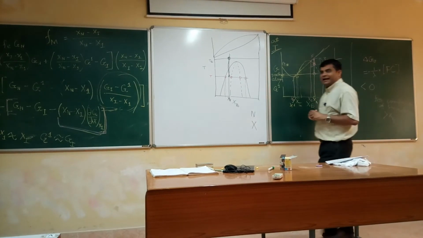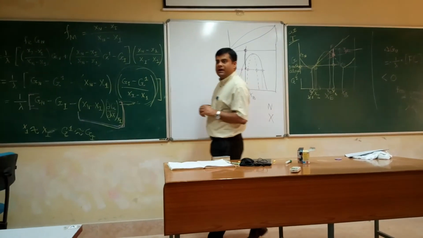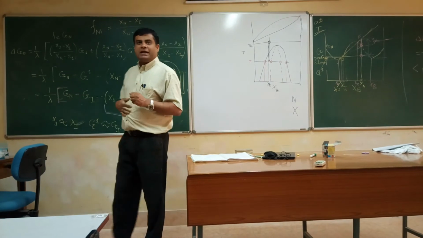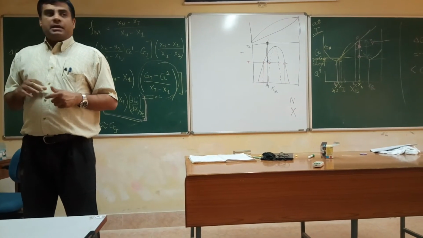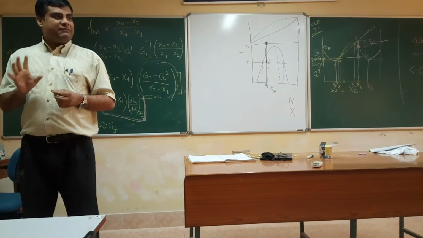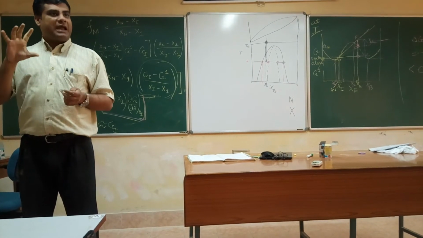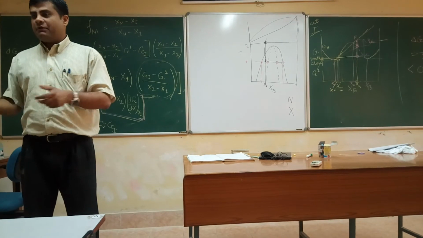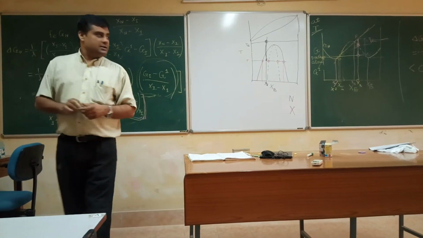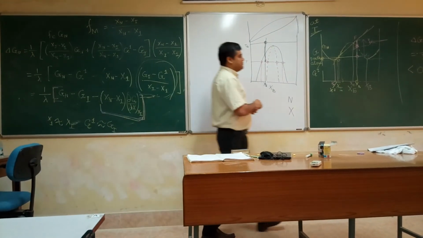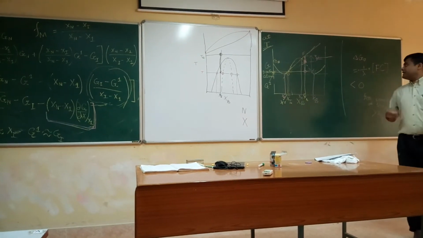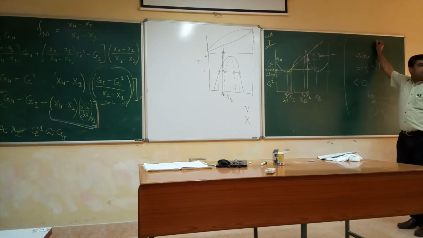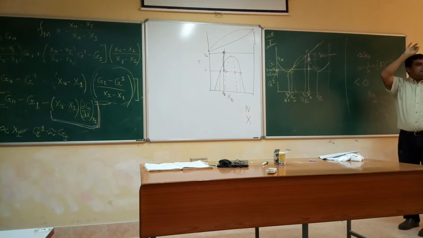For easy nucleation, you want high delta GV or low delta GV? High. Negative value, but the value should be high. So where will the nucleation be easiest? Because what does classical nucleation theory say?